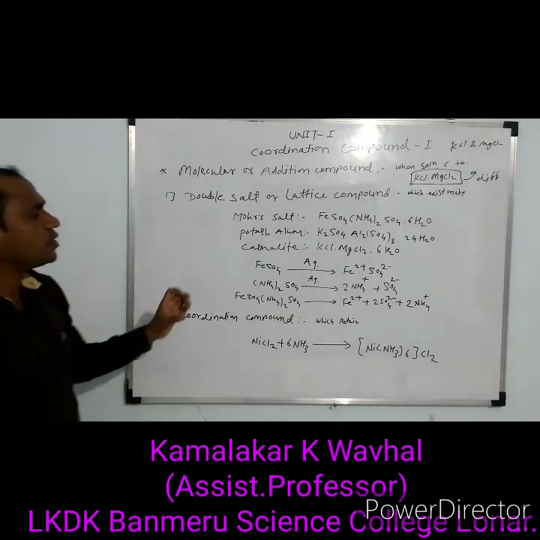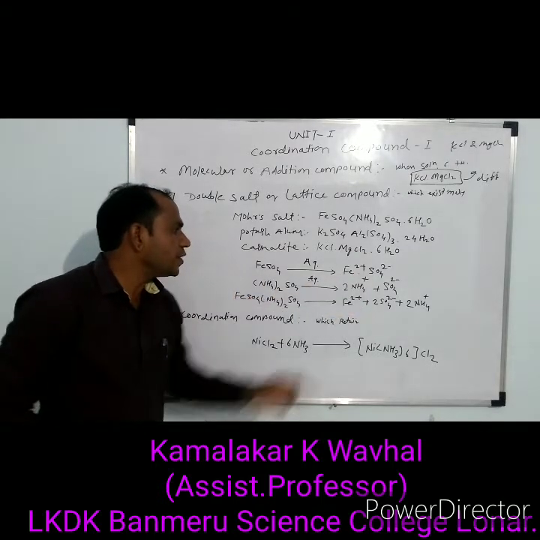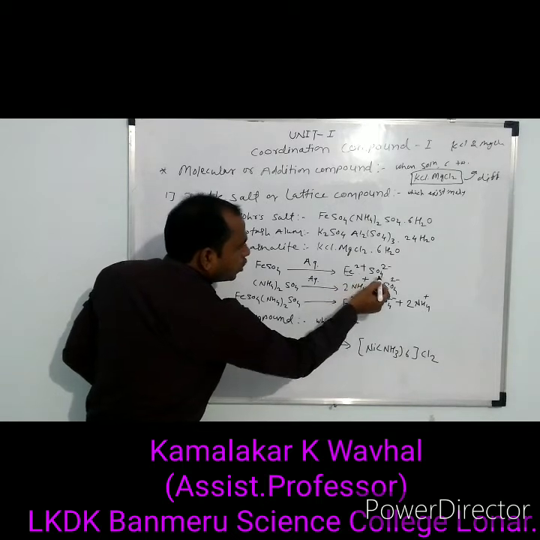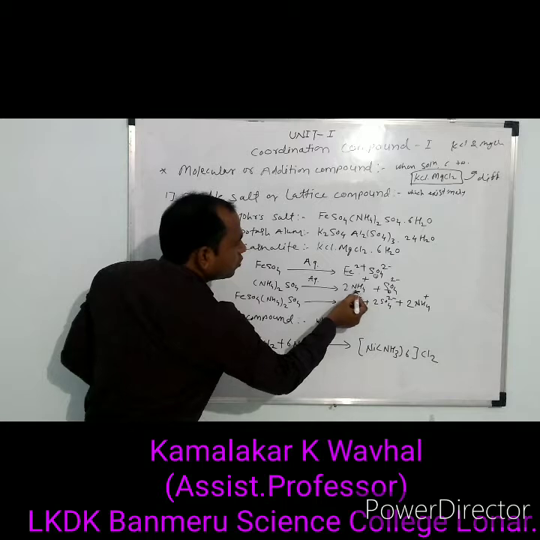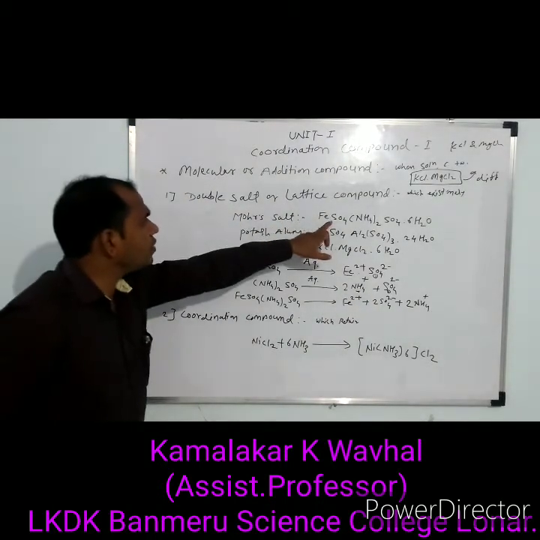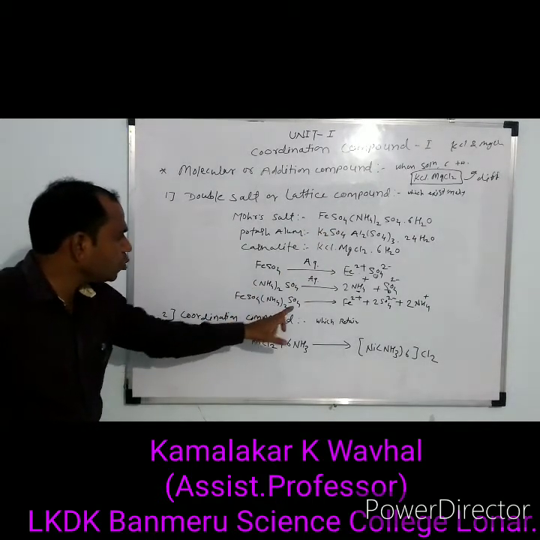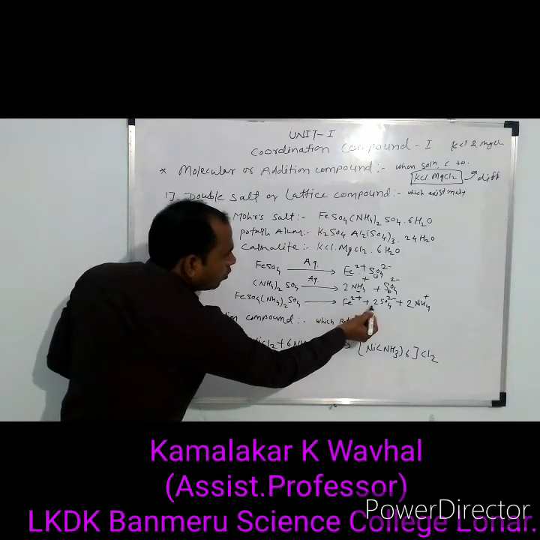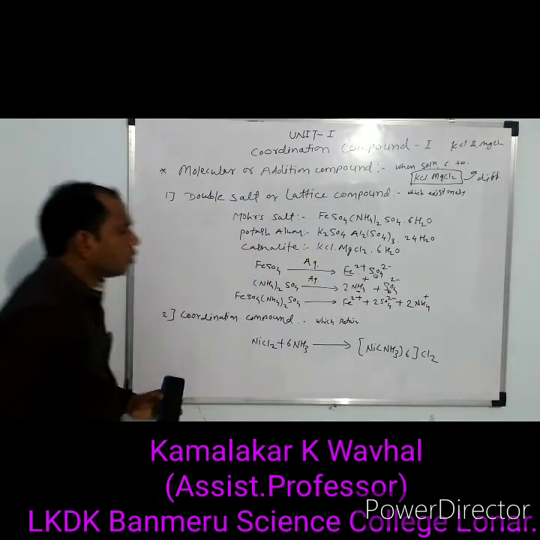If we analyze ferrous sulfate and ammonium sulfate, we get these ions: one Fe2+, two SO4 2-, and 2 NH4+ ions. If we ionize the whole Mohr's salt, FeSO4·(NH4)2SO4, then we get Fe2+ plus 2 SO4 2- plus 2 NH4+.